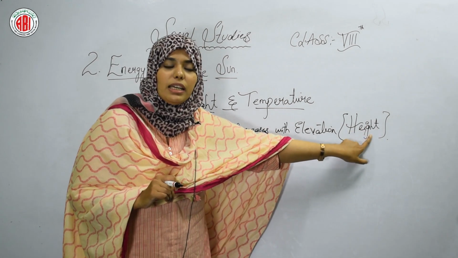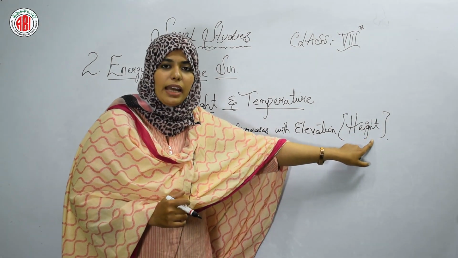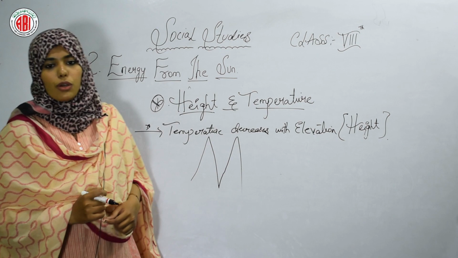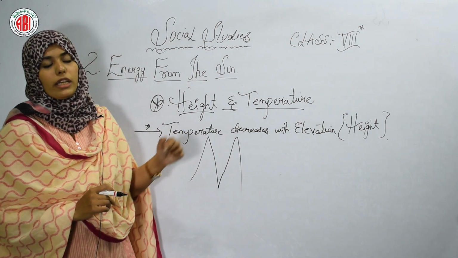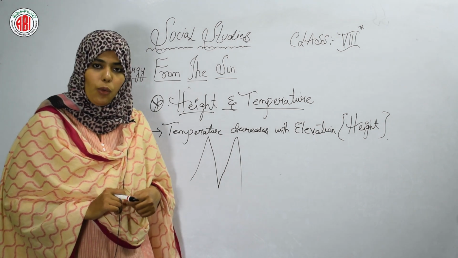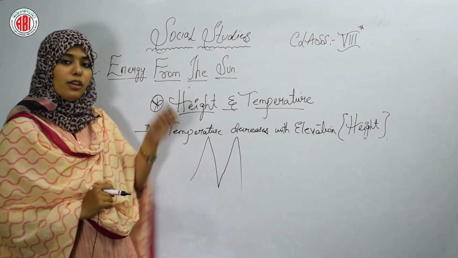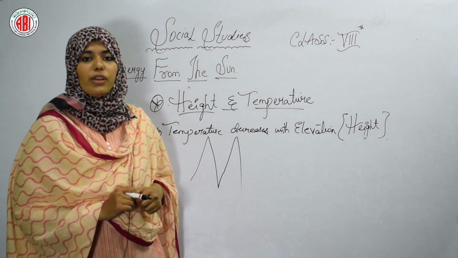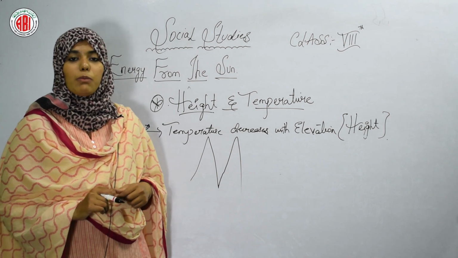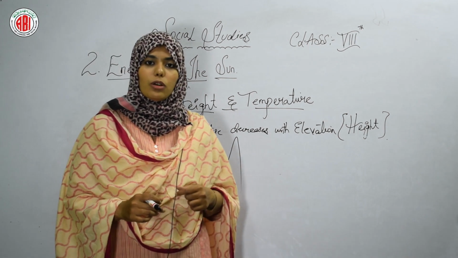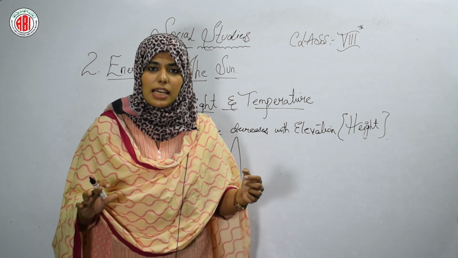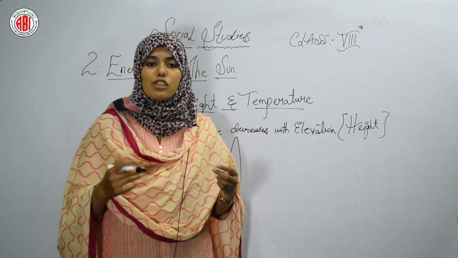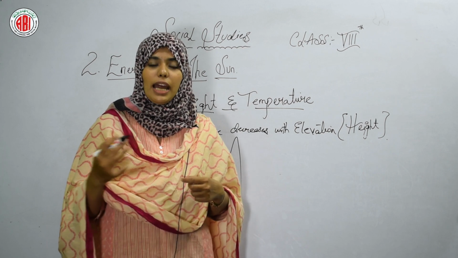They have the highest mountains and long hills, so they have the lowest temperatures. That is why the stations on the north side are very cool, and most people prefer to go to those places. Why? Because the temperature is very pleasant and you will feel so much relaxation at those places.